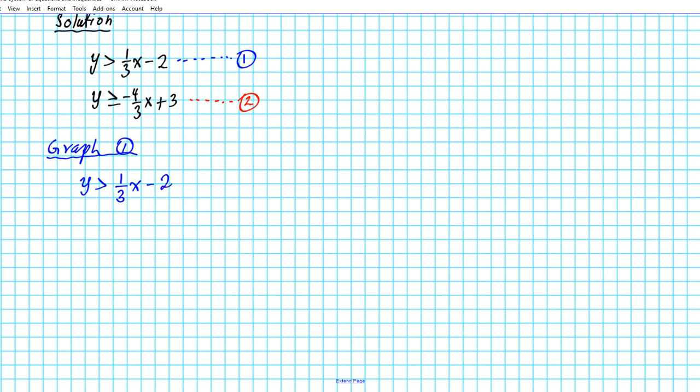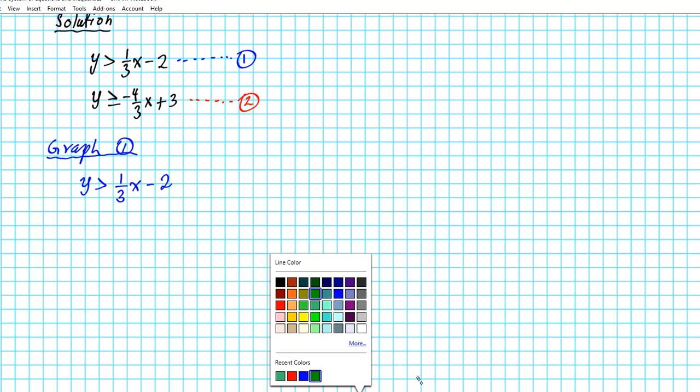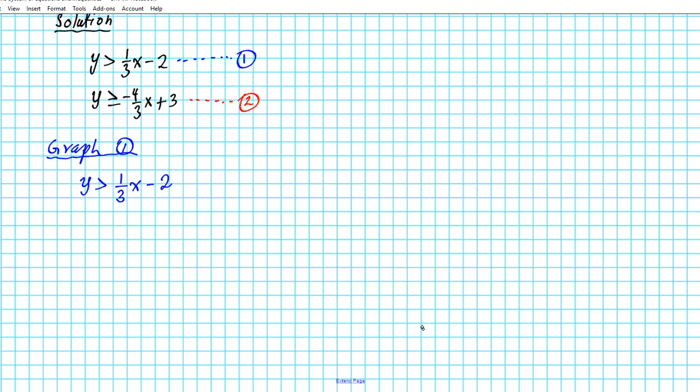This inequality is presented to us in slope-intercept form. Do you recall what the slope-intercept form is? It is y equals mx plus b. The beauty of the slope-intercept form is that it helps us to easily identify the slope and y-intercept of any linear equation or inequality written in slope-intercept form.